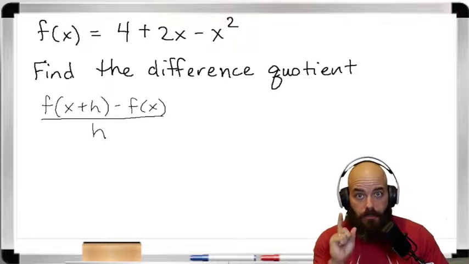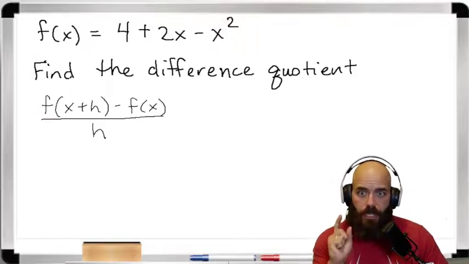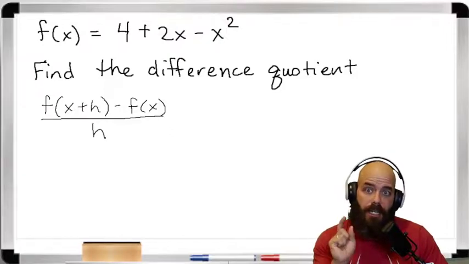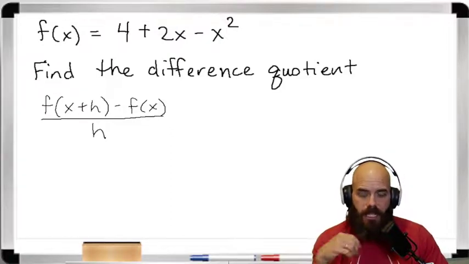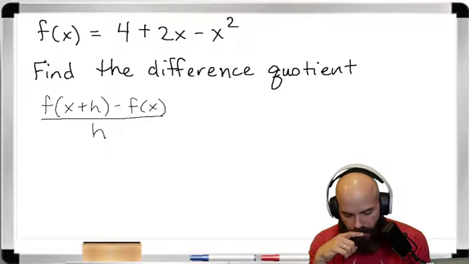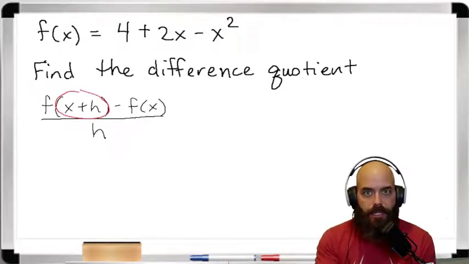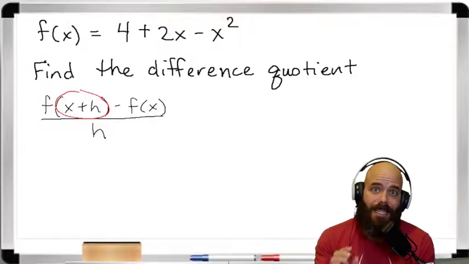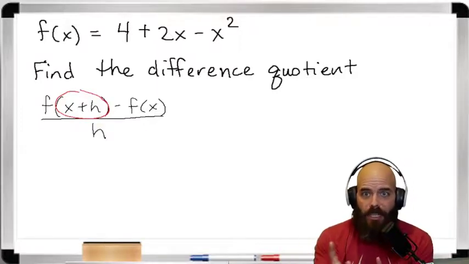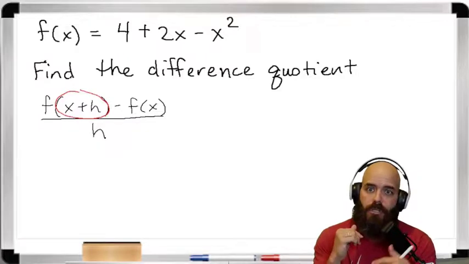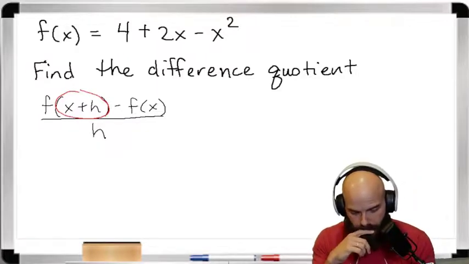So we do have to make sure we are very, very careful here, because this is telling me to take the function f of x and evaluate it at the expression x plus h. So let's remember what that means to do. That means to take x plus h, and everywhere I see an x in my function, I'm going to substitute in x plus h. So let's see what that looks like.